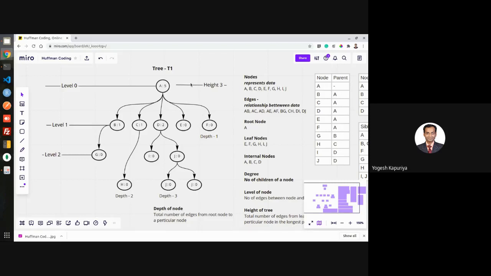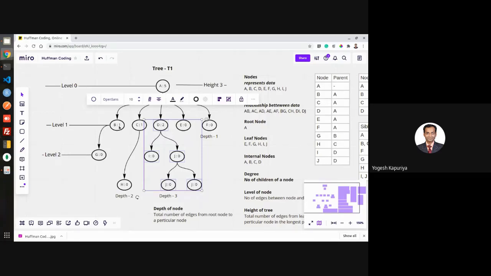Height is different than this because it represents the height of the tree actually. So that's why if it's a level 0, then height is 3. So if I see that this is a single tree, then this height is 1 because there is only one node. If you simply consider this as another tree, that means this node, this node, this node, this node, this node, then height of this tree is 1 and 2.